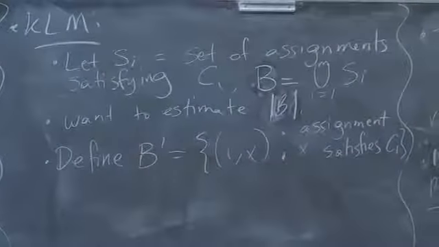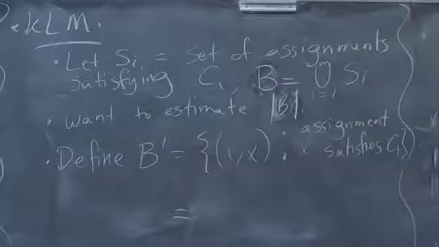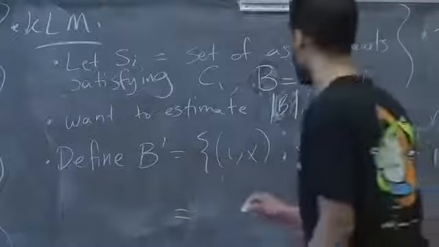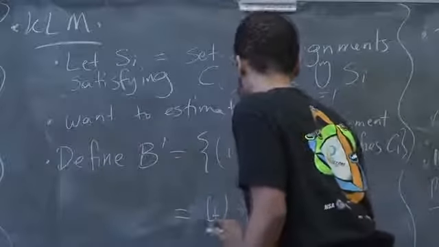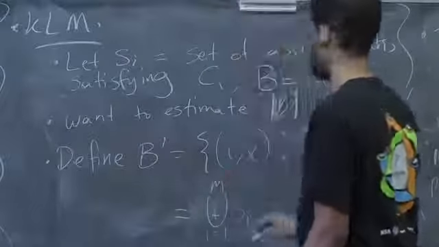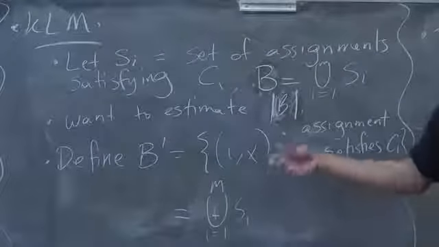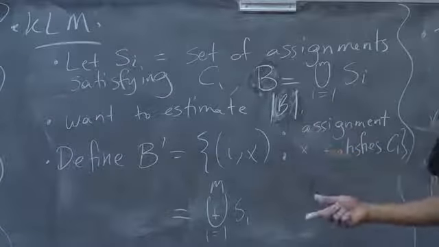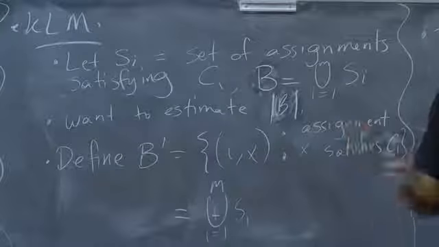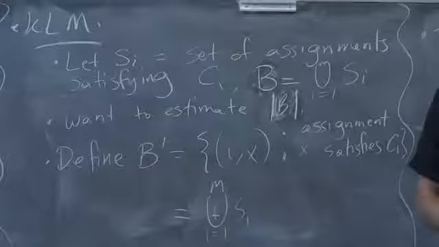Or if you want to think about it, I wanted to write it explicitly so you know what I'm saying. I think some people use this notation, the disjoint union of the Si's. Okay, so each satisfying assignment is not written just once in the set. It's written multiple times, once for every clause that it actually satisfies.